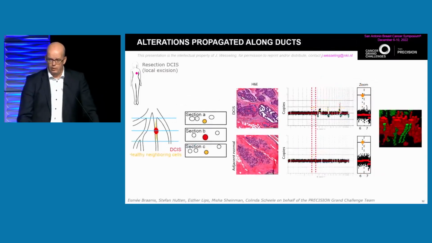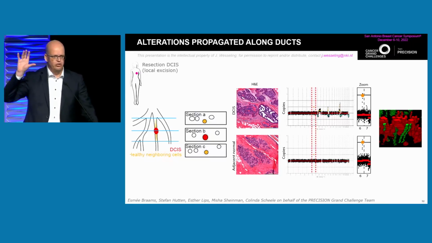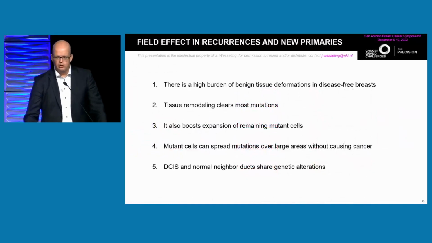What we show here is that in the normal-looking ducts, you already see some copy number alterations that are also present in your DCIS lesion. And at the very right-hand side, you see a reconstruction of your ductal tree in red and the normal-looking ducts in green.